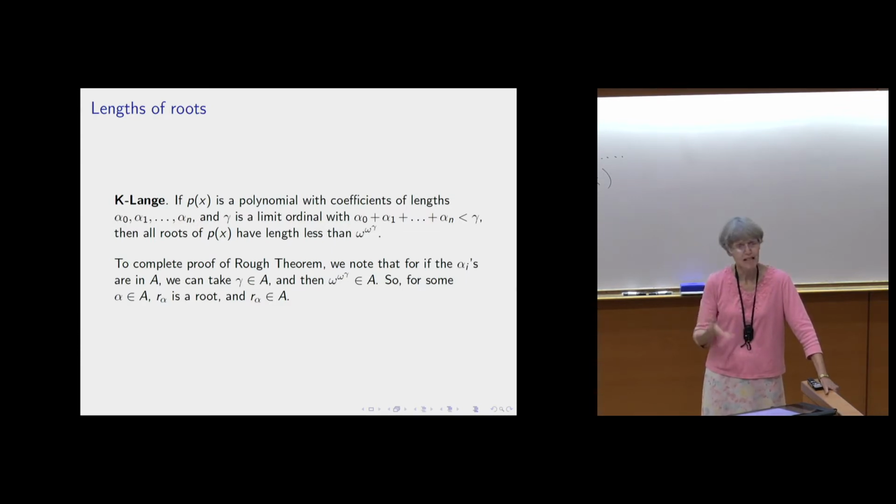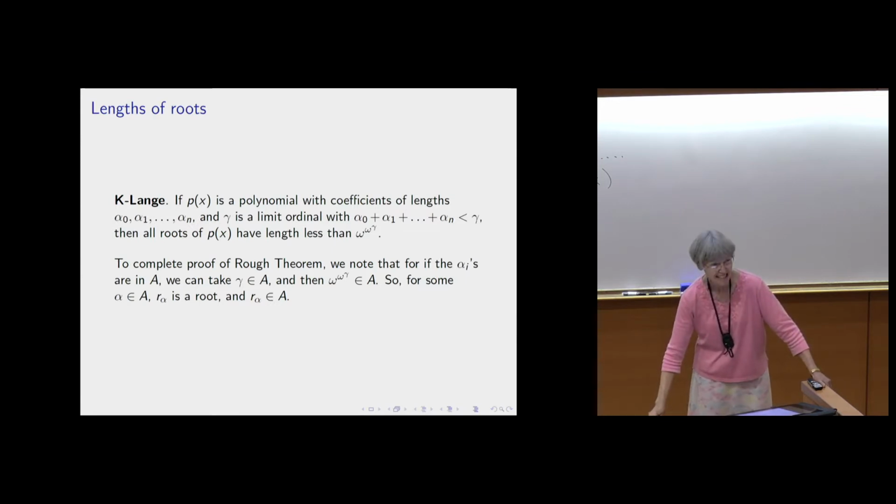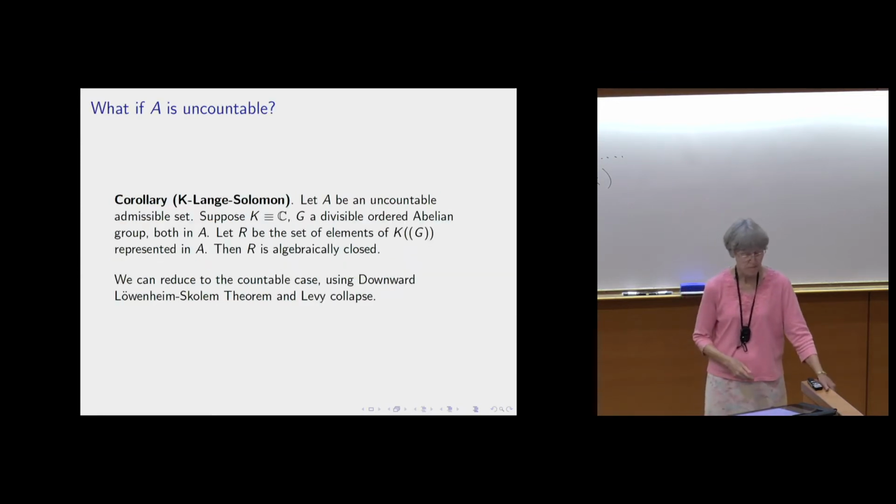We can define by Σ1 induction this function ω^γ, and so that says that for some α in our admissible set, R_α is a root. That means we got a root that was actually in the admissible set. So maybe there's something more clever to do, but for now, this is what we know how to do.